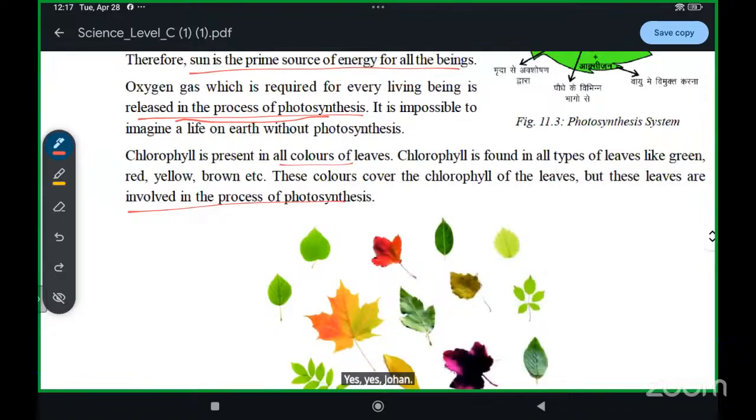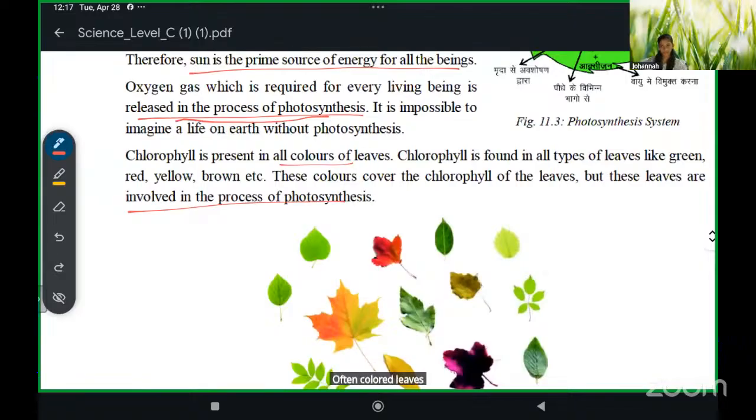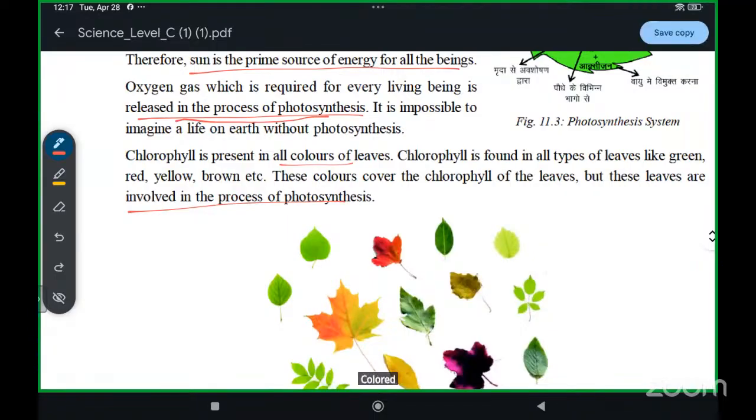How can colored leaves help? It's the green leaves which help with photosynthesis. Colored leaves also carry out photosynthesis. They have chlorophyll.